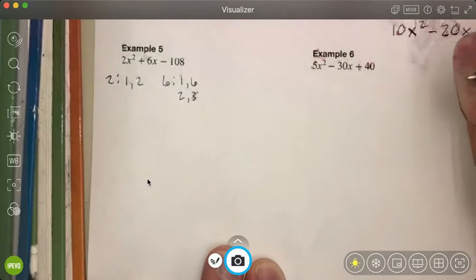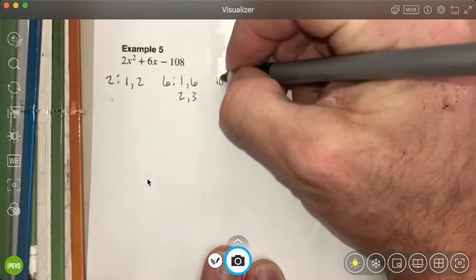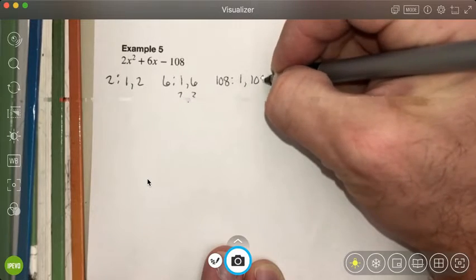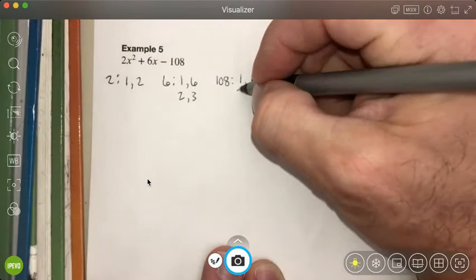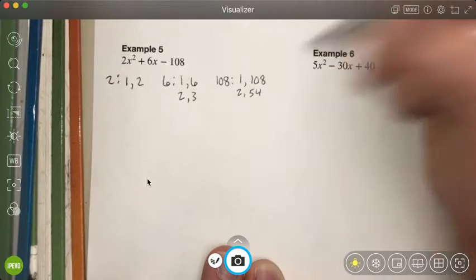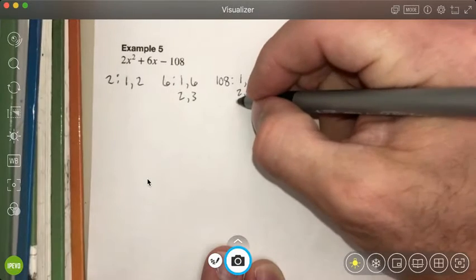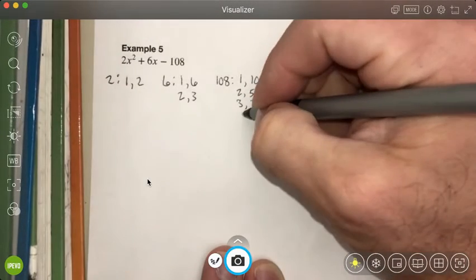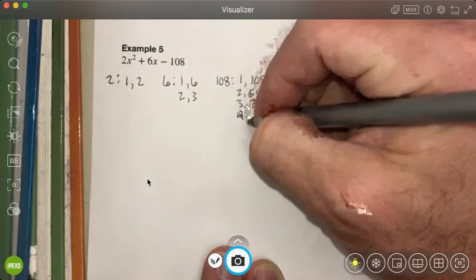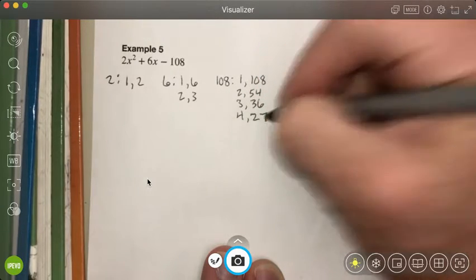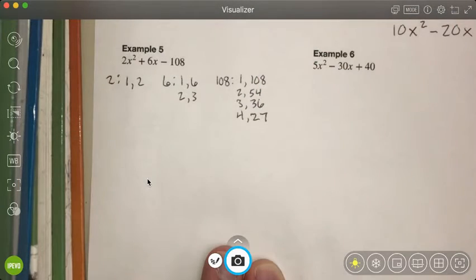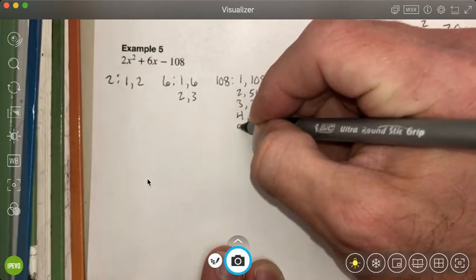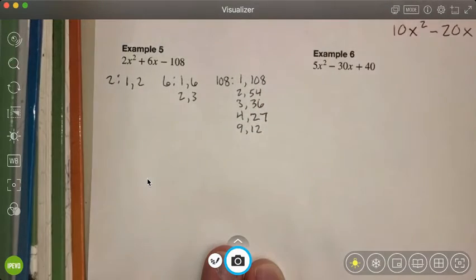108 is a scary number, but it's not so bad. 1 and 108, 2 and 54, 3 and 36, 4 and 27, and then we got 9 and 12.